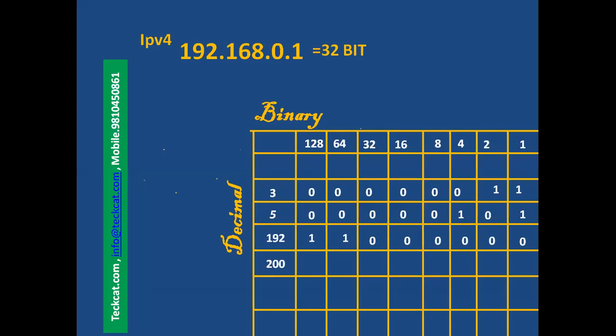So the binary of 200 is 1, 1, 0, 0, 1, 0, 0, 0. Right? And what about 254?